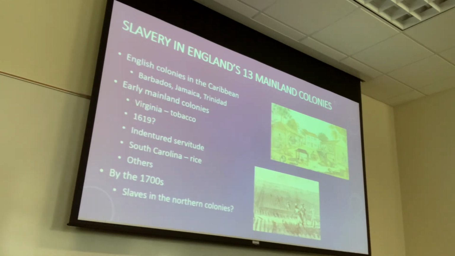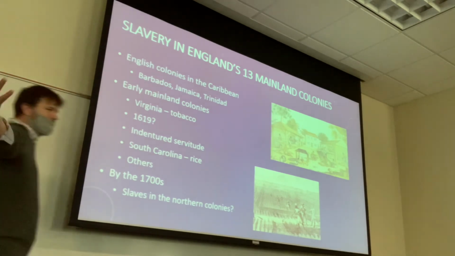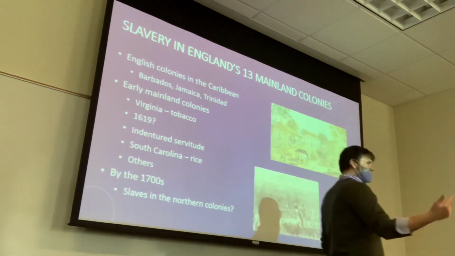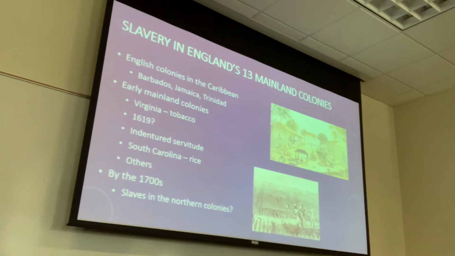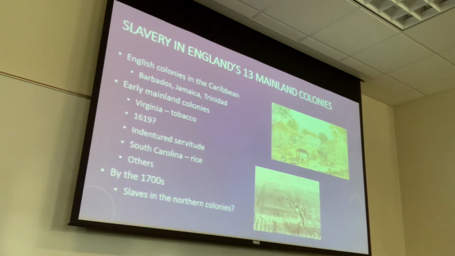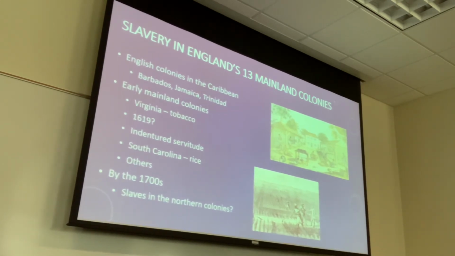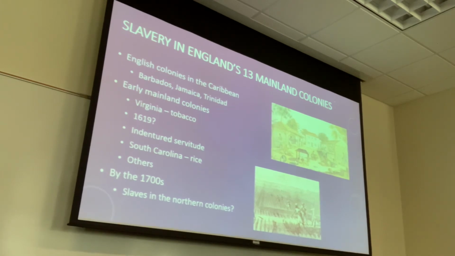But oh my, is it perfect for the cultivation of rice. And as they had done in Barbados with sugar, they import enslaved people from Africa to grow that rice. And they build enormous plantations that eventually will have hundreds of slaves on them, and they make a dramatic fortune doing it.